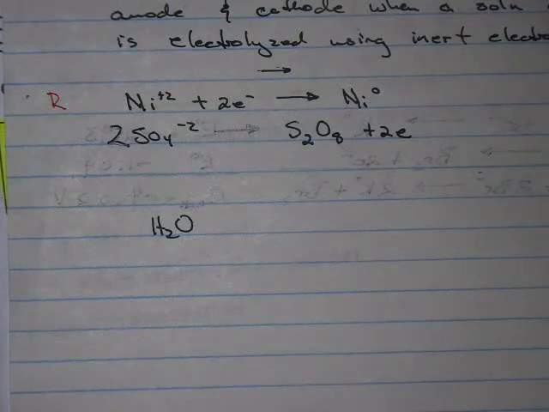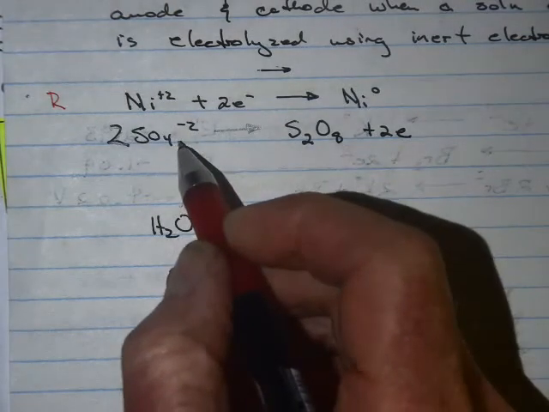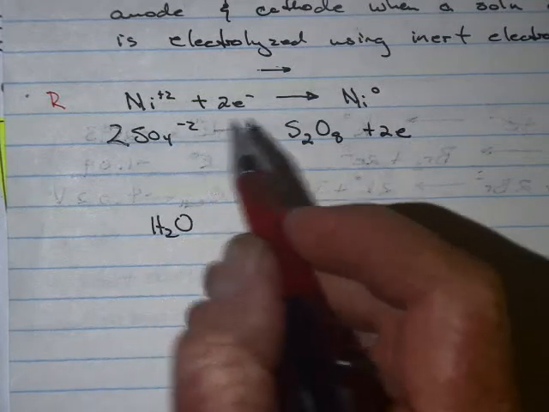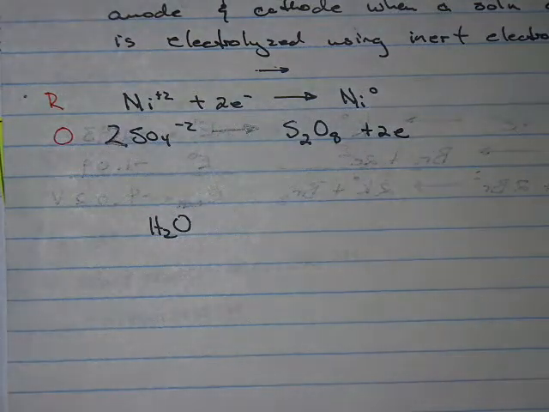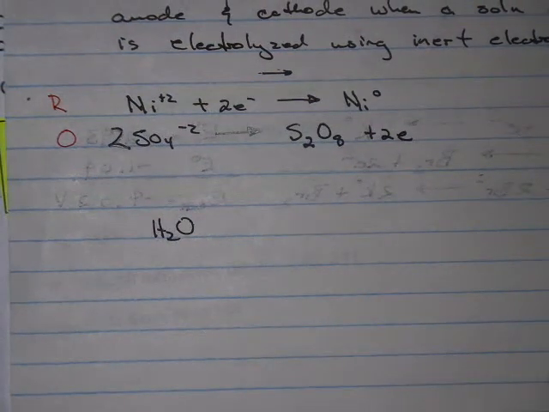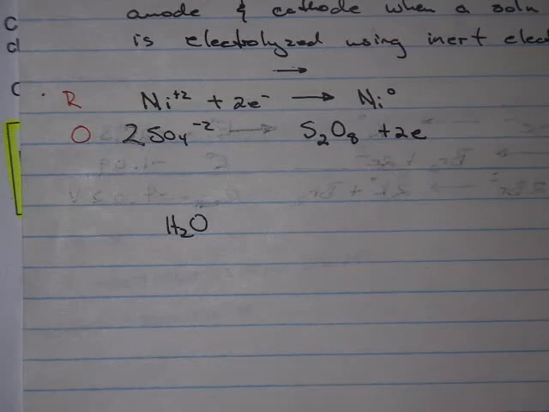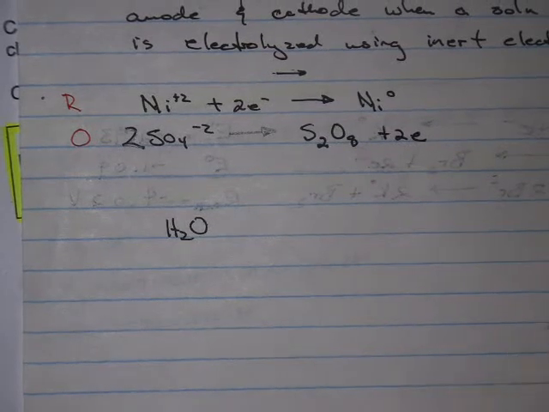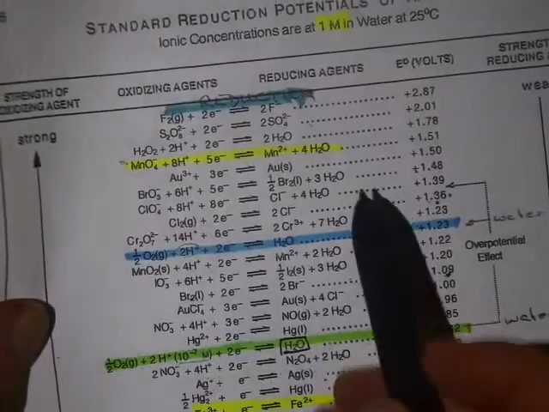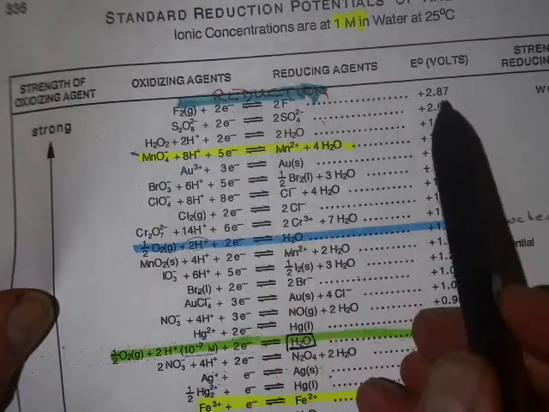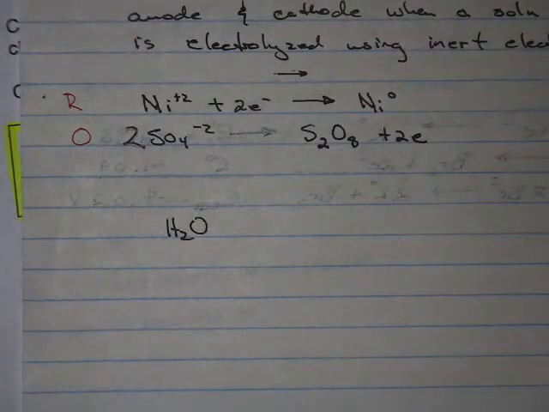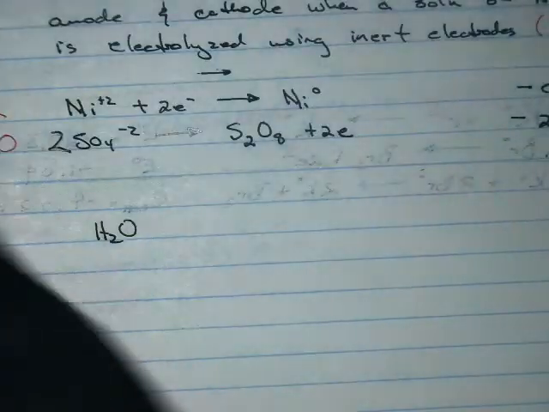The other one, this one here, if you look at the table, is going from right to left, so this is actually going to be an oxidation reaction, and I need to change its value from plus 2.01 to negative 2.01 volts, because I'm pushing it back this way, so I have to change this to negative. Okay, so that's what I've done.